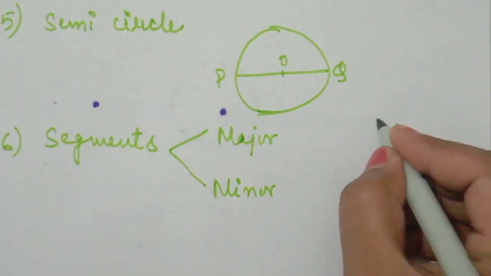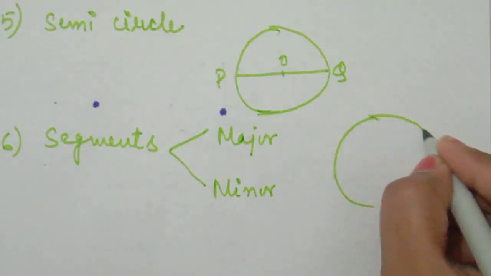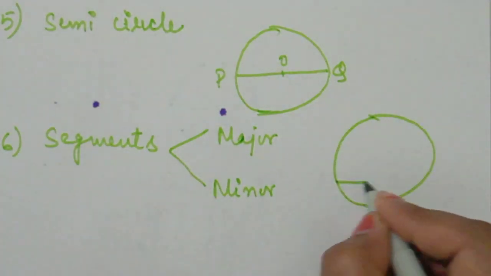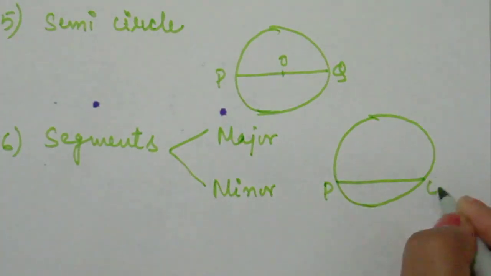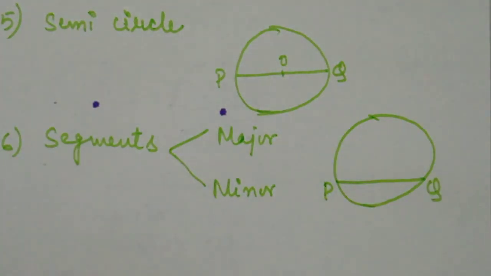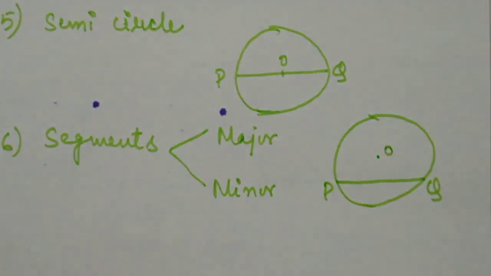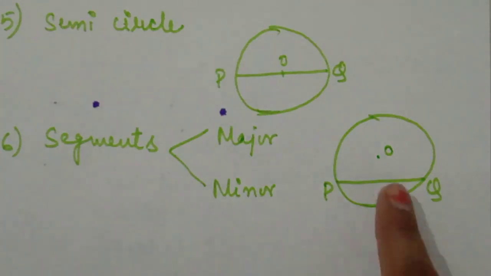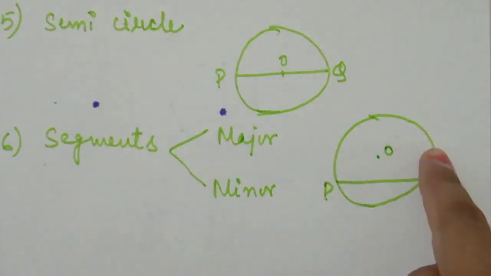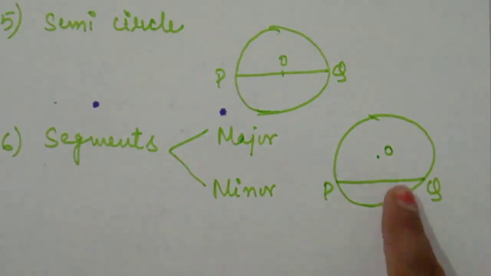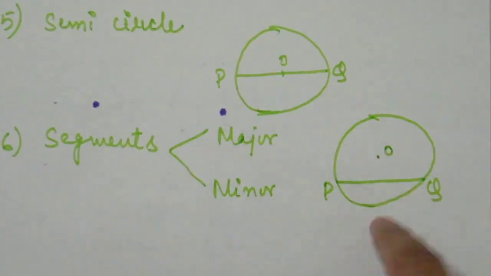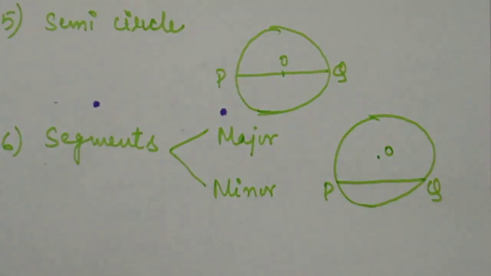When in a circle we have a chord PQ, this chord PQ with the center O divides the circular region into two parts. Each part is called a segment.